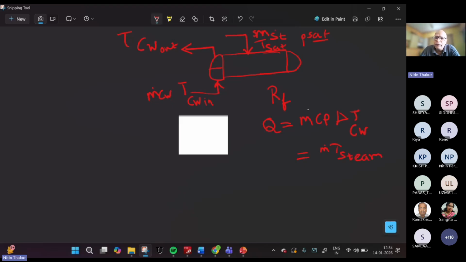Once we got the Q, we did Q is equal to U A into LMTD. And we basically calculated U as clean, U as in service, and U as the dirty condition.